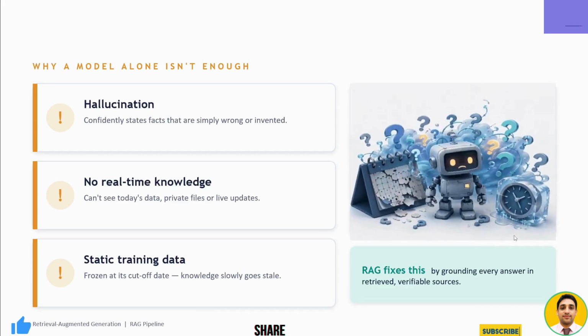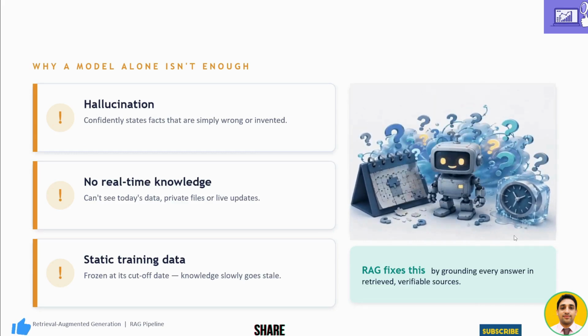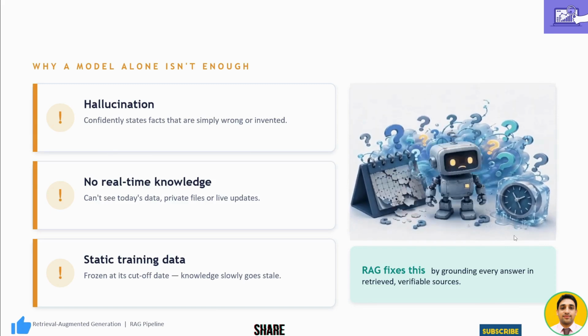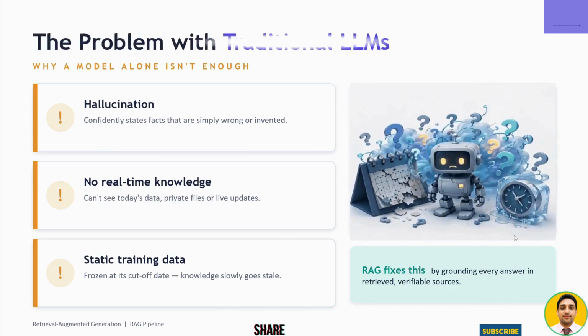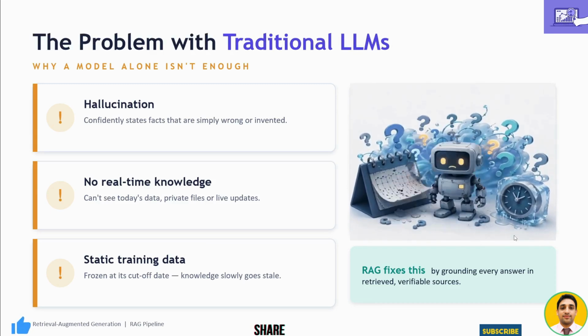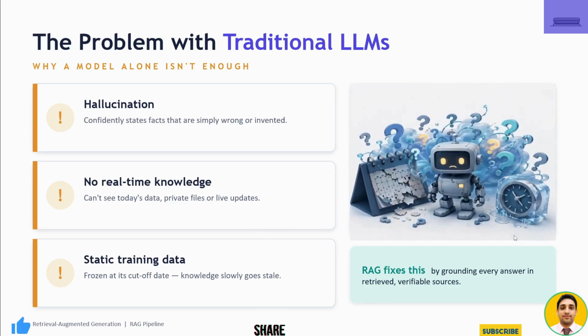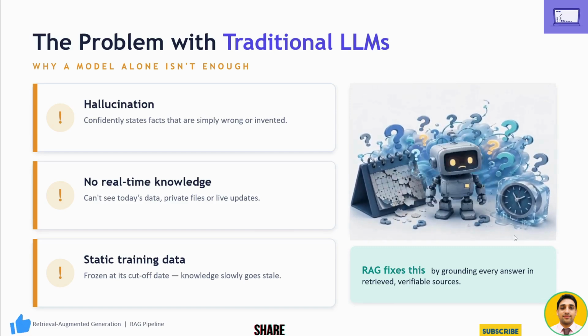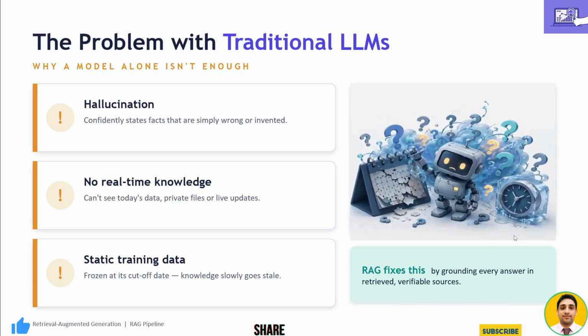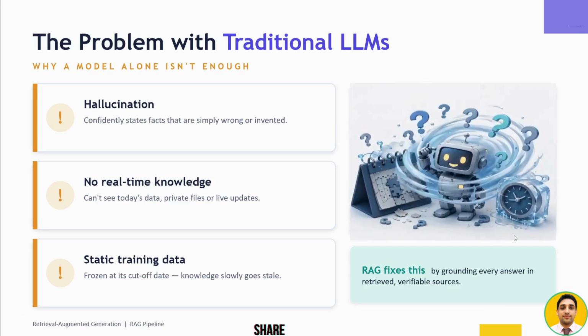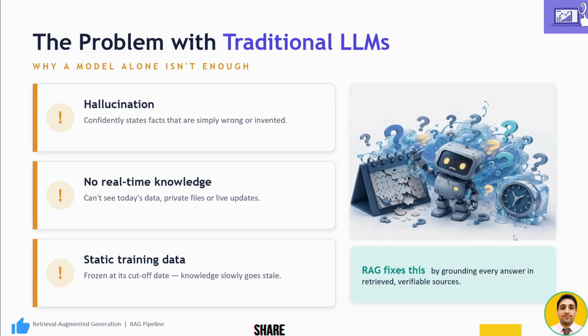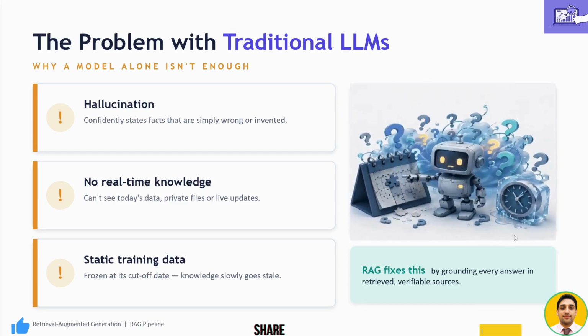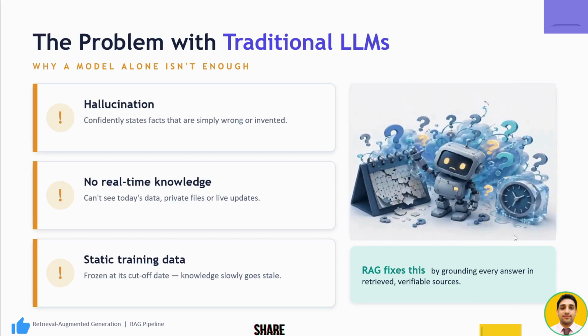So, before we go further into how RAG works, it is important to understand the actual problems that RAG was designed to solve. Traditional large language models, even though they are incredibly powerful, suffer from a few core limitations. The first major issue is hallucination.